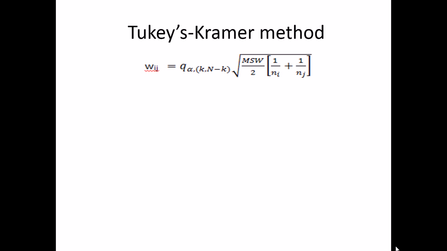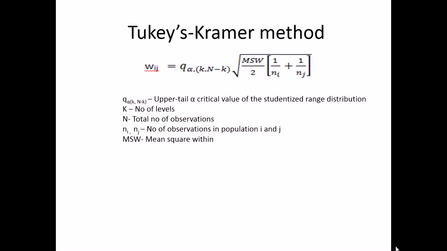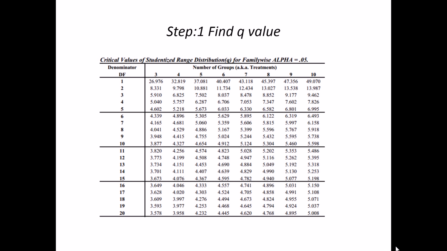This is the formula to calculate the critical range for each pair, where the q value is found from the table and MSW is the mean square within, which is found from the summary table of ANOVA, and Ni and Nj are the number of observations in populations i and j. First we find the q value from the alpha equal to 0.05 table.